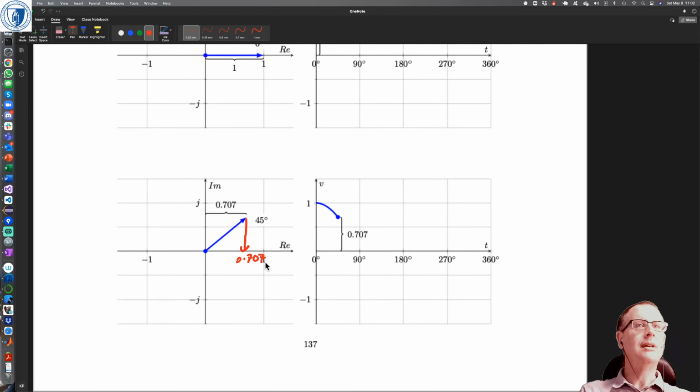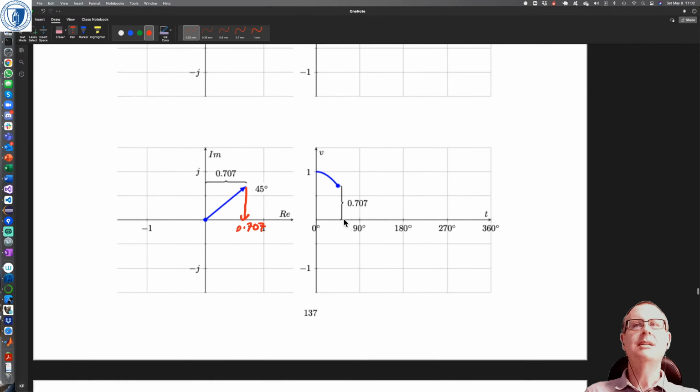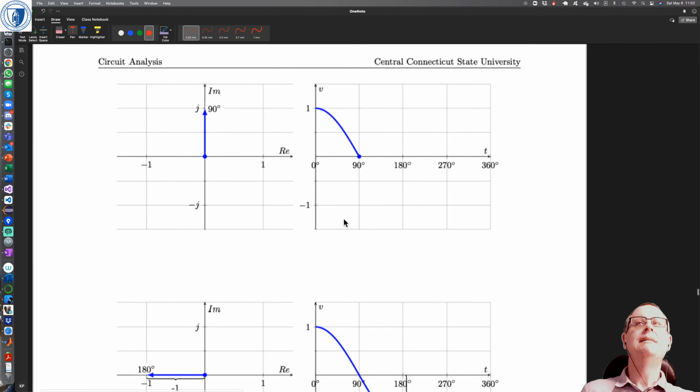And so that's what the right hand graph is showing, that at 45 degrees we've dropped down to 0.707. And then once we're fully imaginary with our unit phasor at 90 degrees, then the projection onto the real axis projects down to 0. So we're at 0 at 90.